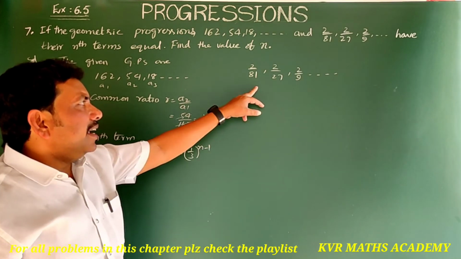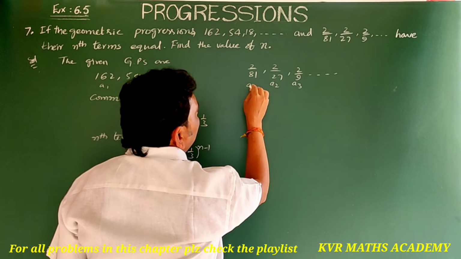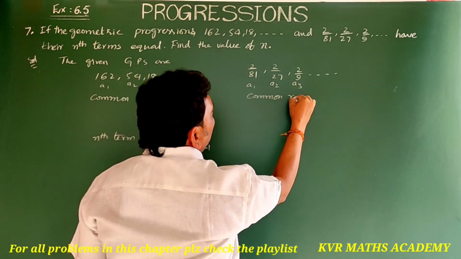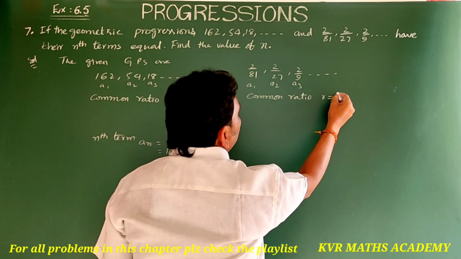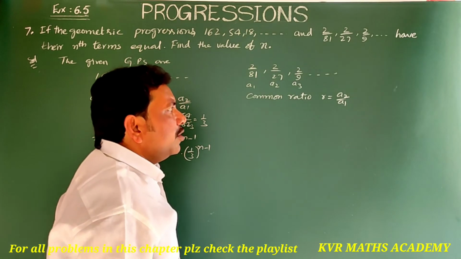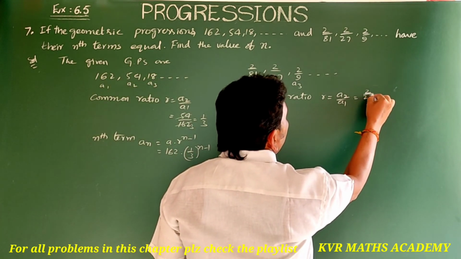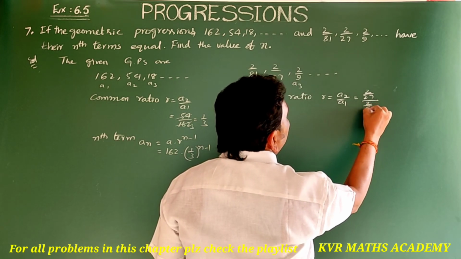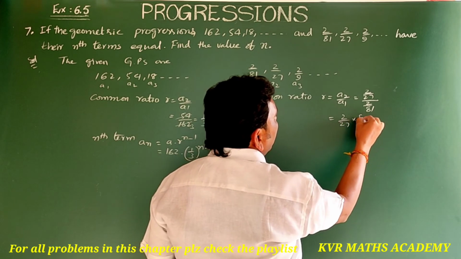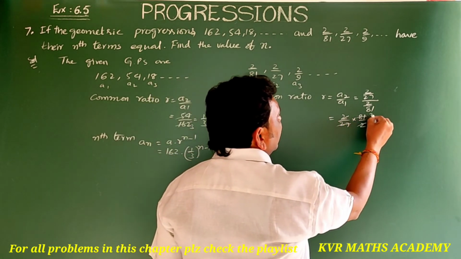Right. In the same way here also, find. Here this is a1, this is a2, a3. Common ratio r is equal to a2 by a1. So this is 2 by 27 by 2 by 81. So it can also be written as 2 by 27 into 81 by 2. 2 gets cancelled, 27 3s are 81.